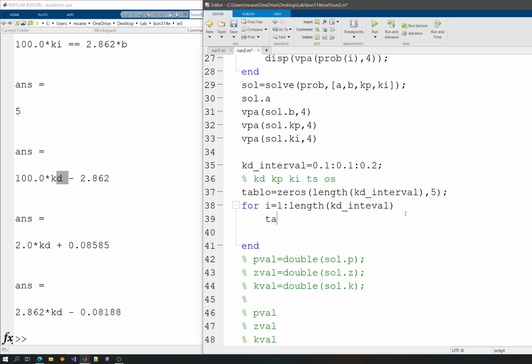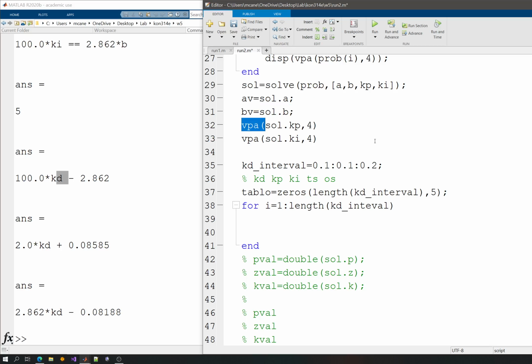Basically, my first task here is to define A, V as solve.A, B, V as solve.B.